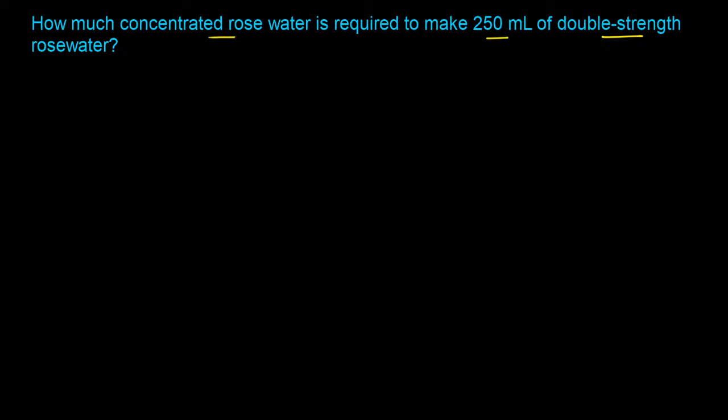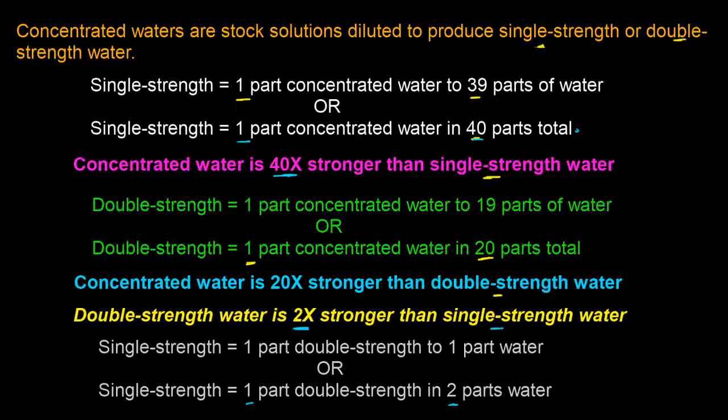And so what we really want to do is understand the relationship between concentrated rose water and the double strength. Once again, I'm going to pull up that previous slide, and what we are going to use this time is the information pertaining to double strength.